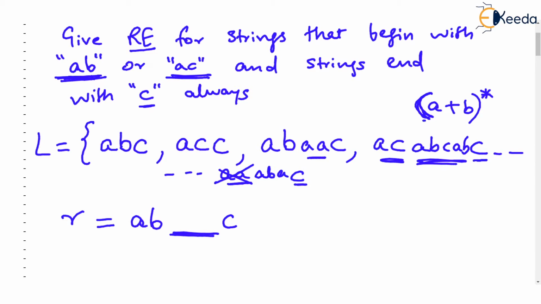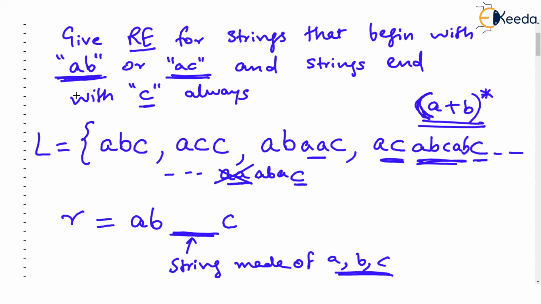A plus B star is going to generate or accept all the strings made of any combination of A and B. Literally, we want any string made of A, B, C. We really don't know what will come first, what will come next in between over here in this part, and how big it will be. This can be clearly written as A plus B plus C star.